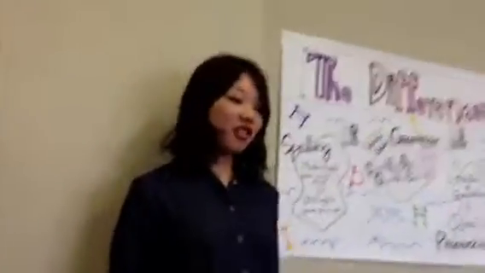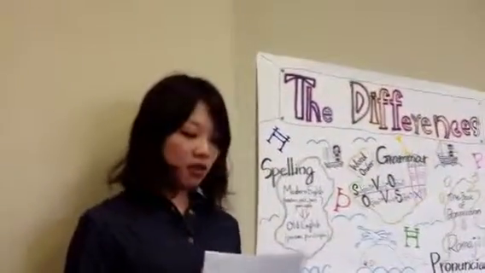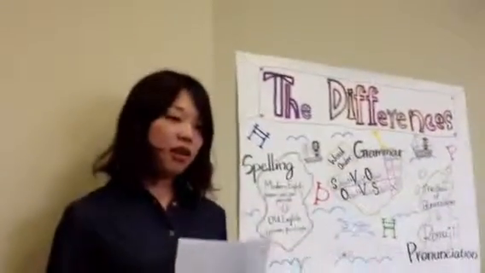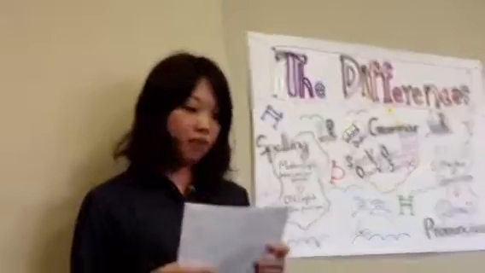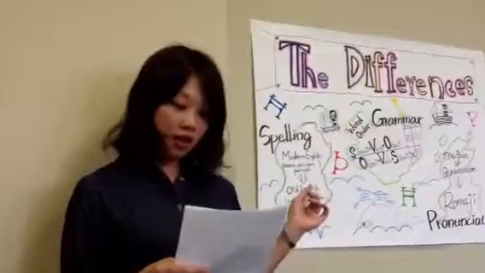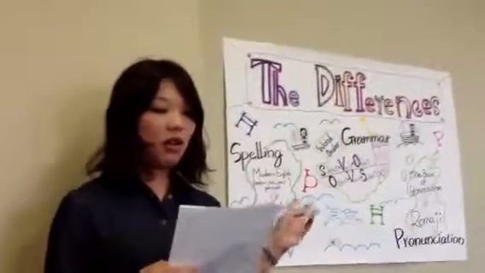Next, I'm going to talk about the grammar of Old English. I will focus on grammatical genders and word order. First, there were grammatical genders in Old English. They used three genders: masculine noun or adjective, neuter noun or adjective, and feminine noun or adjective.